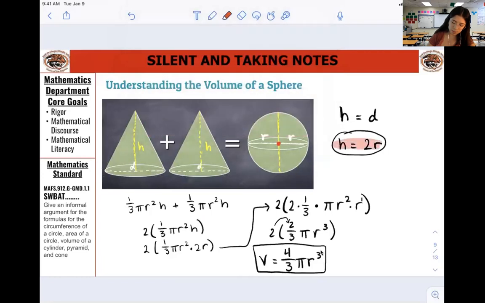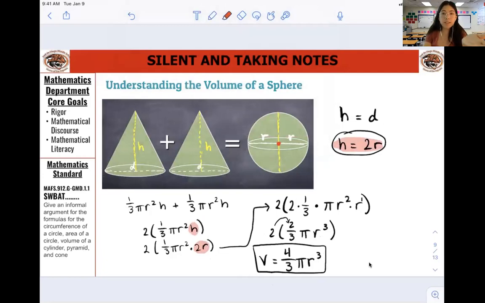H equals 2 times the radius. So I replaced my h with 2r. Then it was just a matter of combining things. So 2 times 1/3 gives me 2/3. R squared times r gives me r cubed. Multiply times 2, and we get our formula for a sphere.